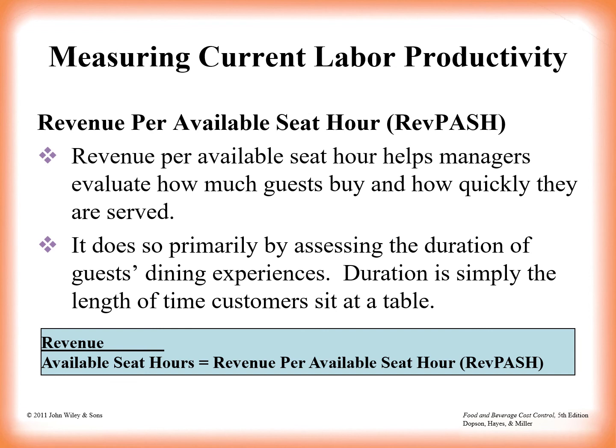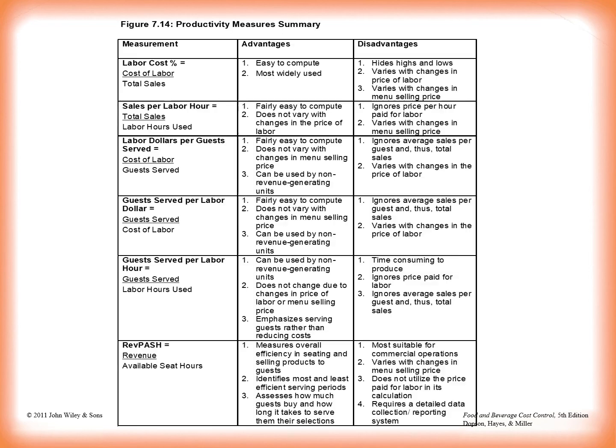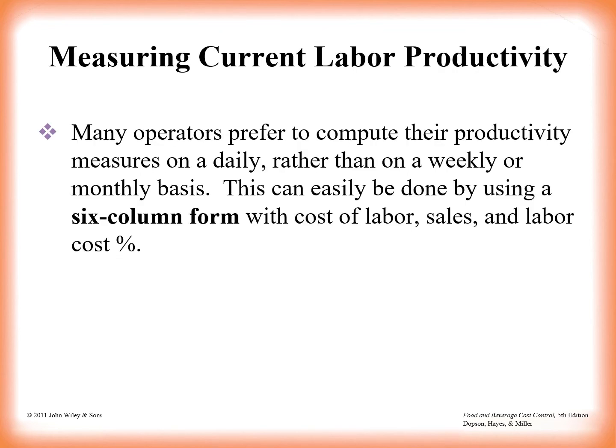That is 160 available seat hours. So how much money do I make off of each available seat hour? That's how I calculate it when I want to look at it that way. So here are all the formulas, different ways of looking at it that you can use.